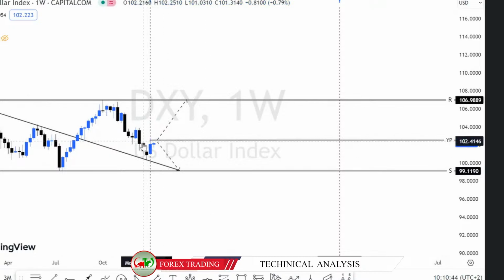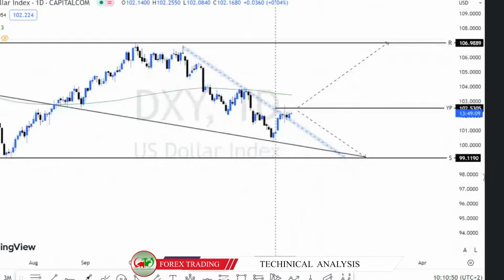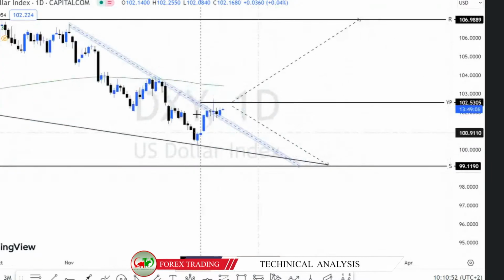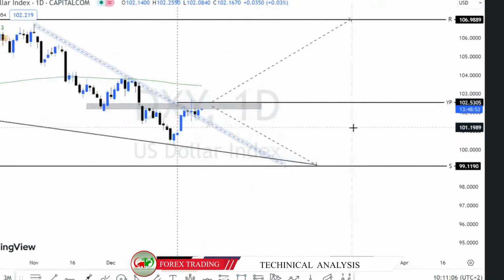We will continue to look for sell opportunities, of course, because if you switch to a lower time frame, like the daily time frame, you see that the price is now consolidating at this trend line, and of course it is this broken support which could turn into resistance.